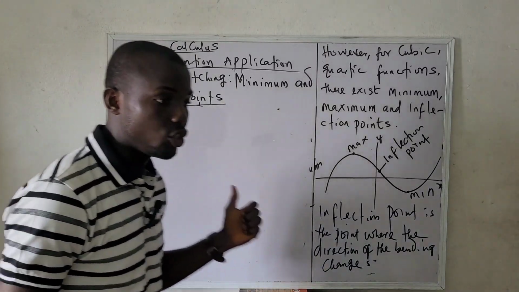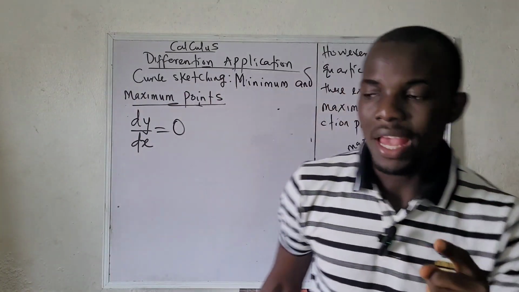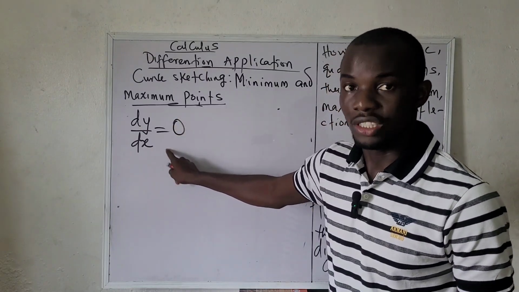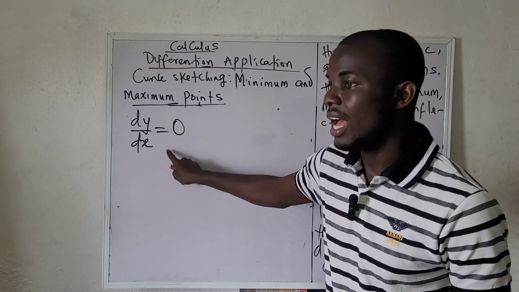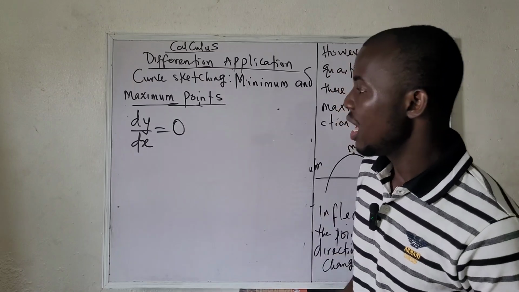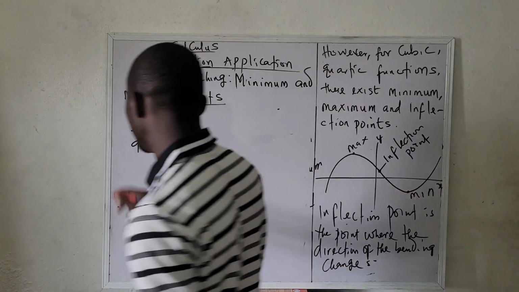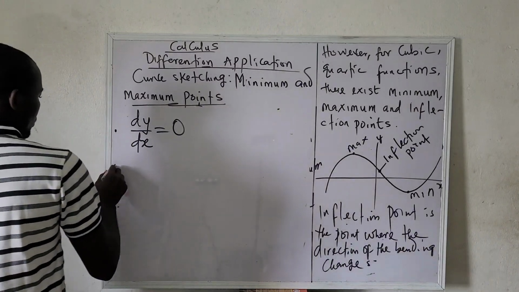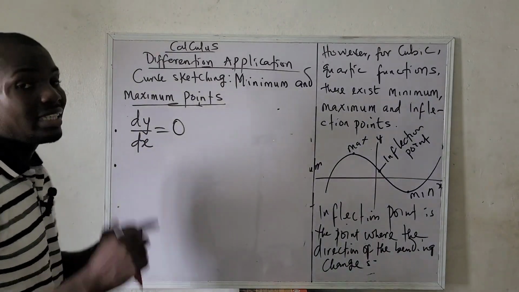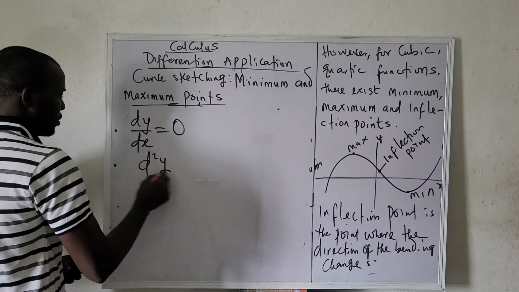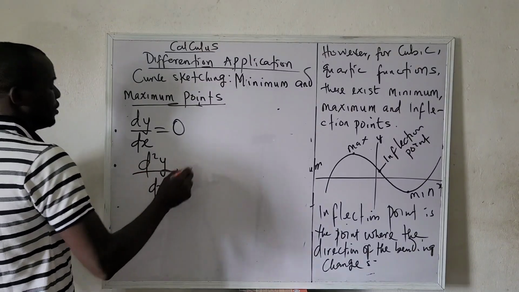So that is the first thing you have to look for, where the change in the function, that is dy over dx, and then you equate it to 0. Thereafter, you will go further by determining, that's number one, you take the second derivative, d squared y over dx squared.